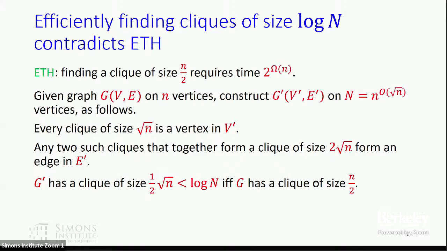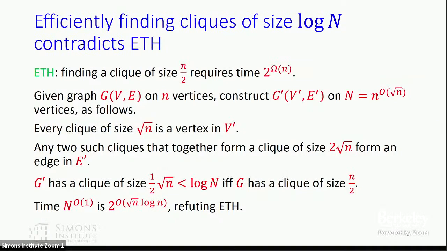It's quite easy to see that this graph would have a clique of size half square root n if and only if the original graph had a clique of size n over 2, because half square root n times square root n is n over 2. Now, half square root n is log of the size of the new graph.